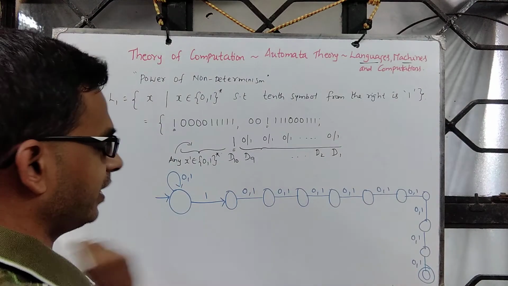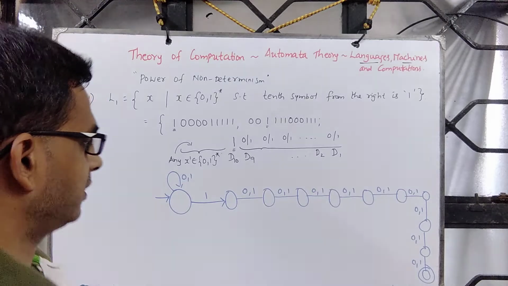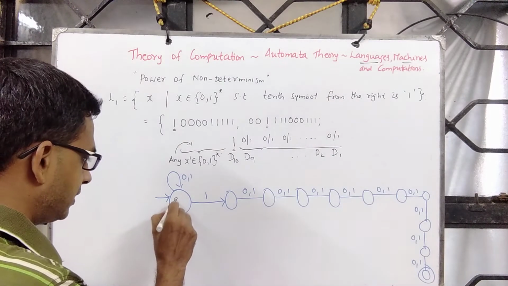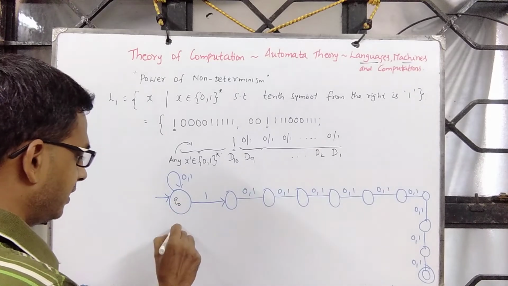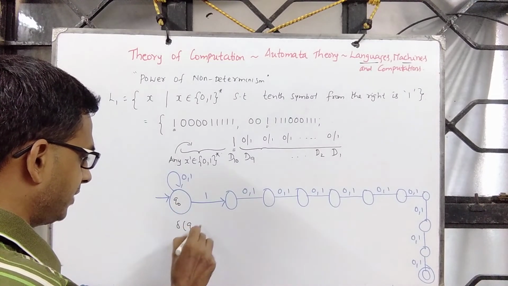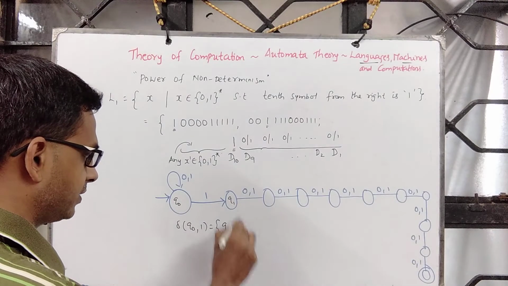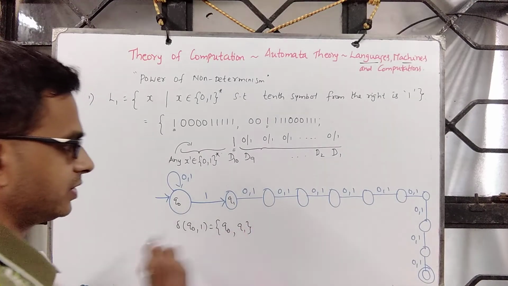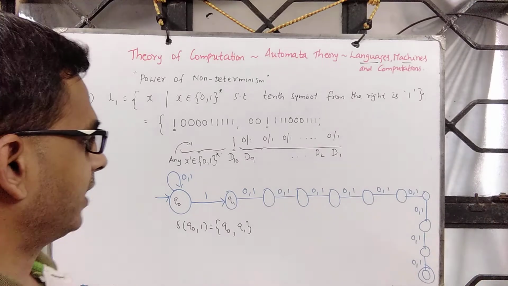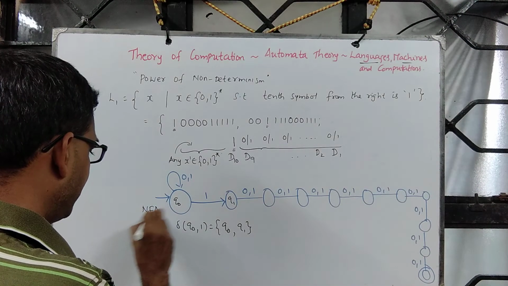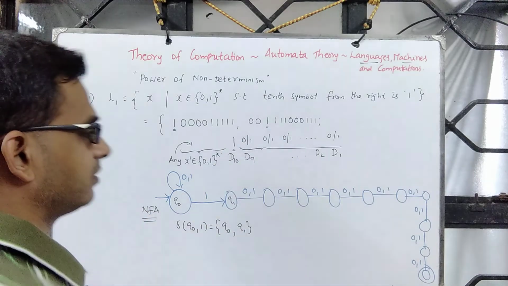The prefix could be any combination of 0, 1. Now, if this is your start state, then delta of Q0, 1 says Q0 as well as Q1. So this is clearly a non-deterministic finite automaton accepting this pattern.